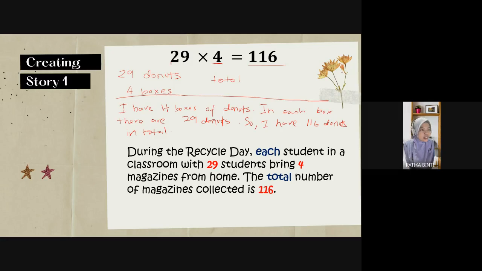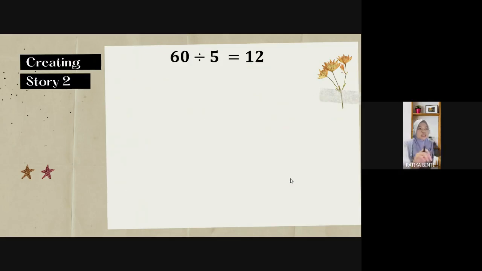Okay, now let us check. 29. Yes, I do have 29 here. 4. Yes, I do have 4 here. 116. Yes, I do have 116 here. And my keywords is each and also total. This one is to represent multiplication. Okay, boleh?